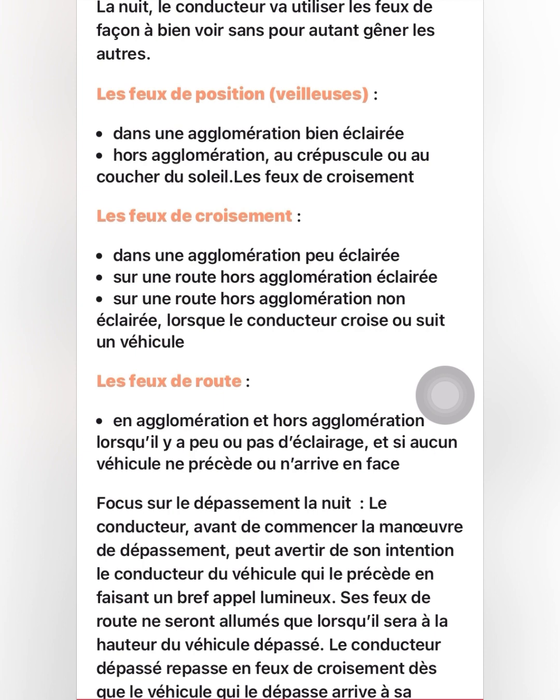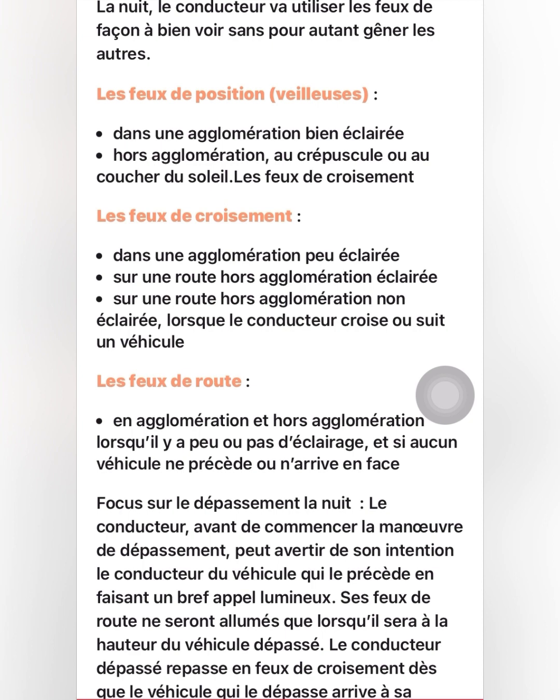Focus on overtaking at night. When you want to overtake at night, the driver starting the overtaking maneuver can warn the driver of the vehicle in front of his attention by making a brief light. That is called a flash, a brief flashing light.